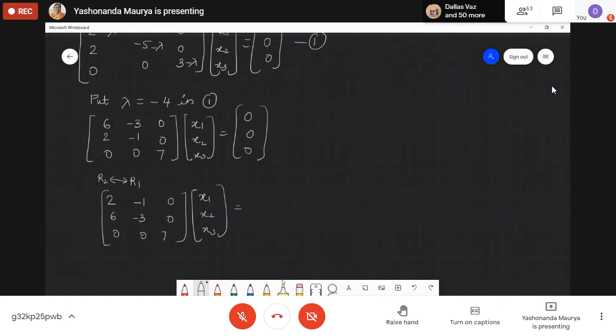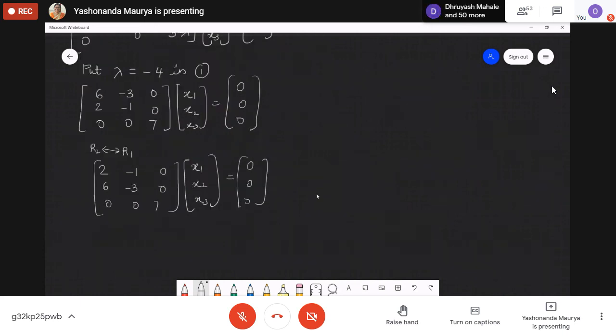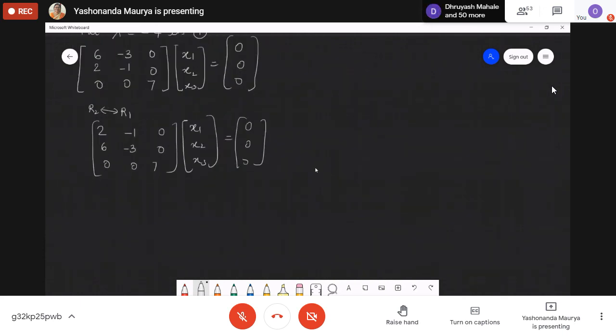X3. And now next, how can we make the entry below this diagonal as 0? It will be R2 minus 3 times R1. Are you getting this? So 2, 5, 0, 0, 0, 0, 0, 7.